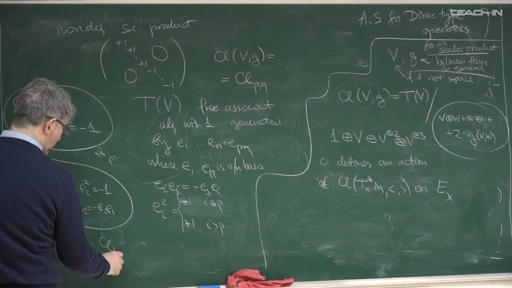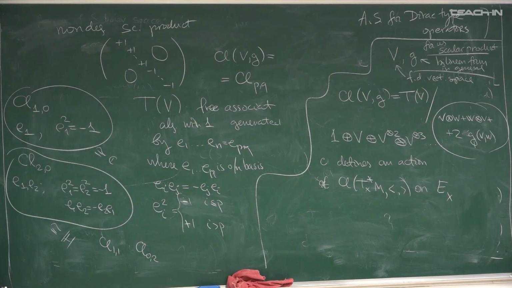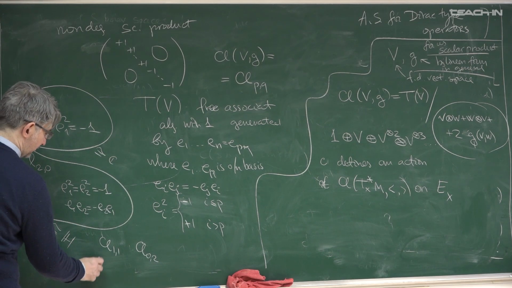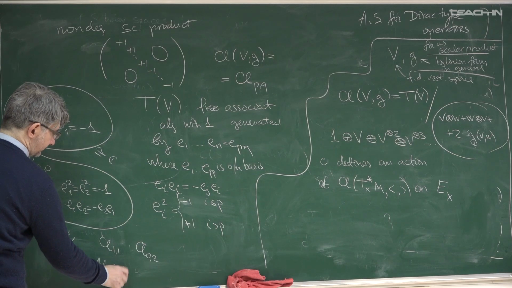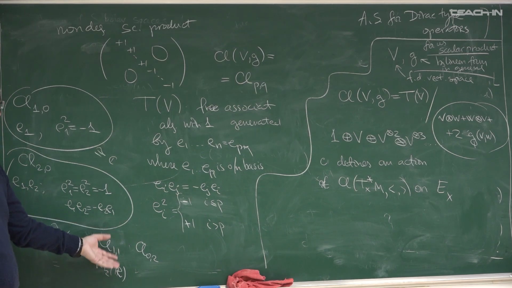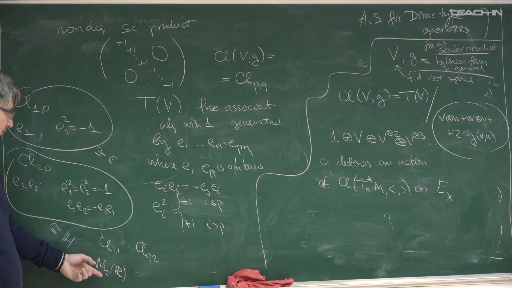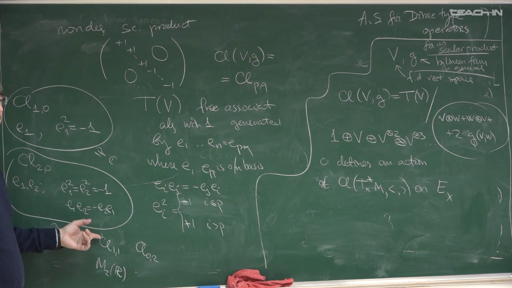Unfortunately, Clifford 1,1 and Clifford 0,2 are not so good. They are not complex numbers. They are not quaternions. These are 2 by 2 matrices over R. And if you want, you can construct the isomorphism in a very direct way. You just need to say which matrix corresponds to each generator in the Clifford algebra.